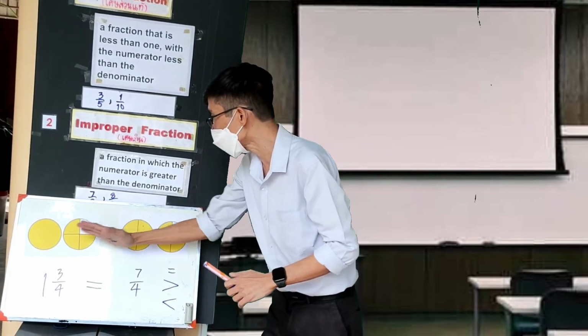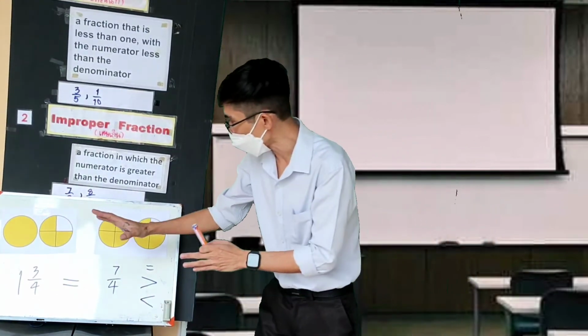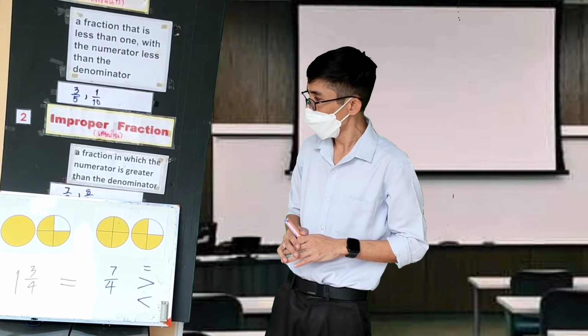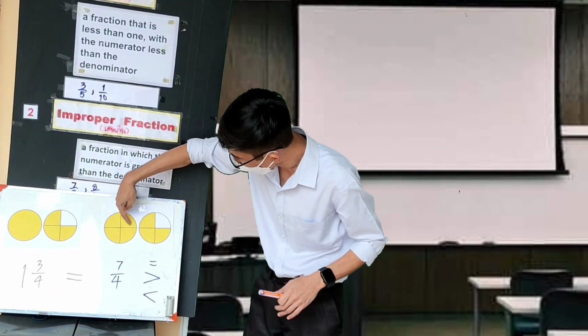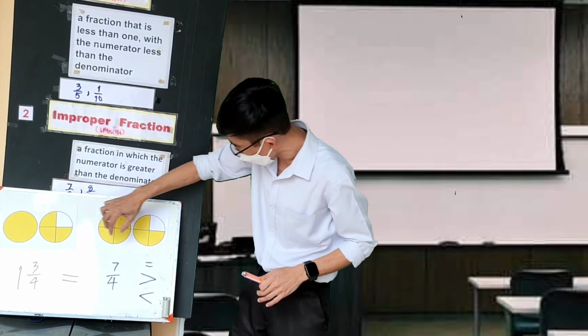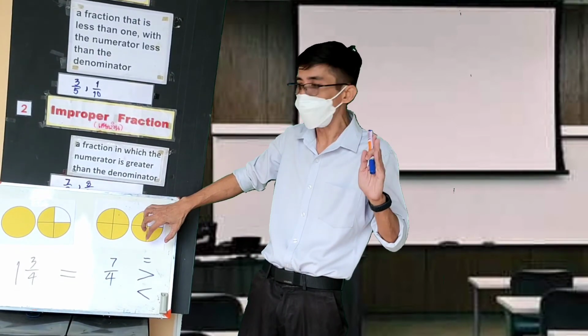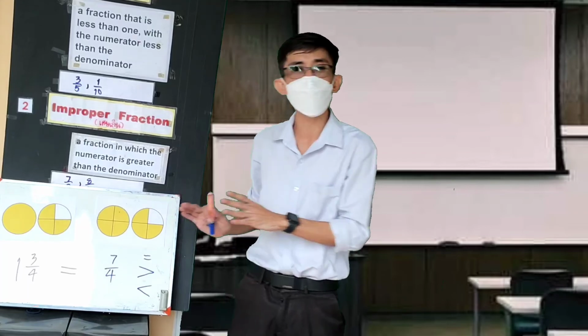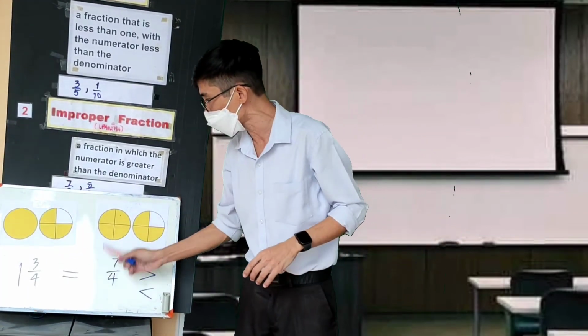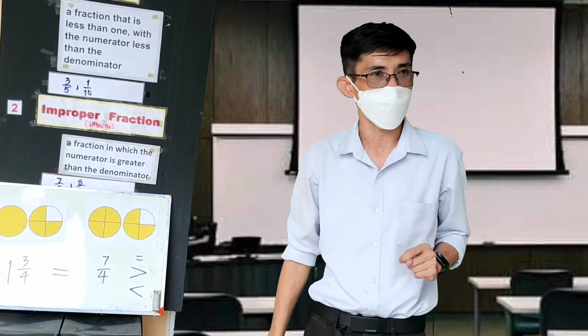So based from the diagram, we can easily say that they are equal. So this one is just equal to this. And these parts are equal to these parts. So therefore, we can say, based from the diagrams, that these 2 fractions are equal.